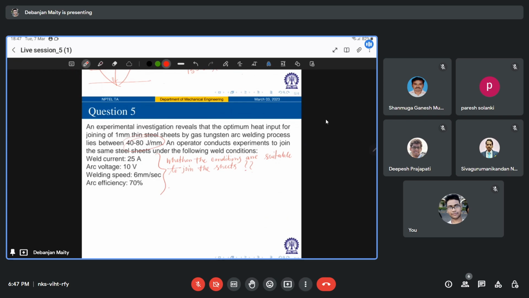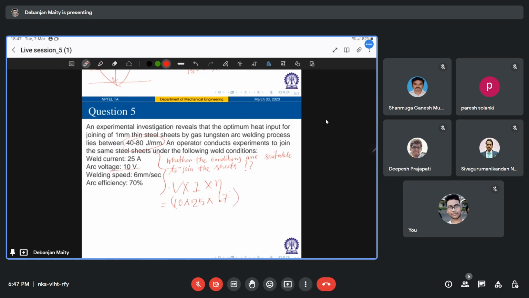Here also the basic concept is same as we are discussing, like what will be the amount of heat which will be actually going into the workpiece. That would be your voltage into current into the efficiency, right? Now you have this arc voltage, the process conditions what the operator is using is 10 volt, 25 amp, and you have this melting efficiency 0.7.